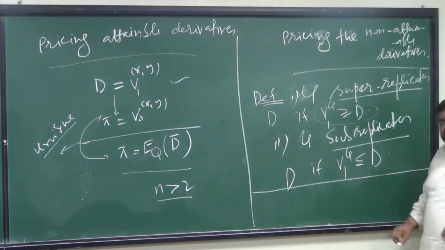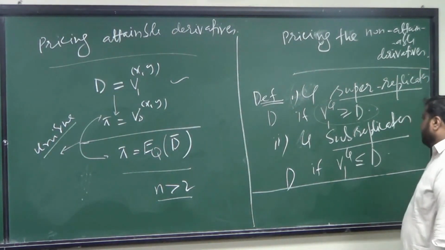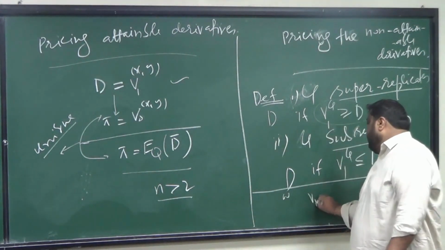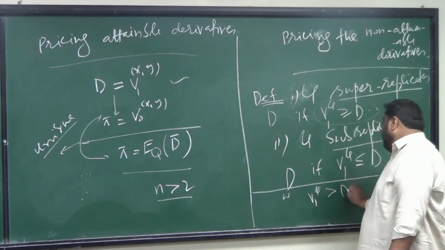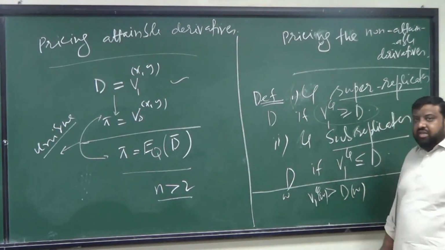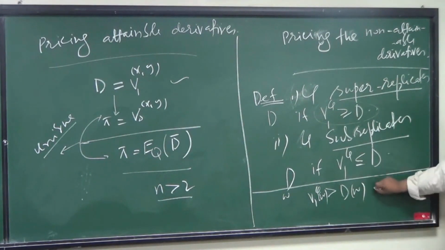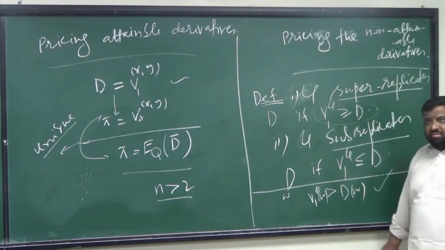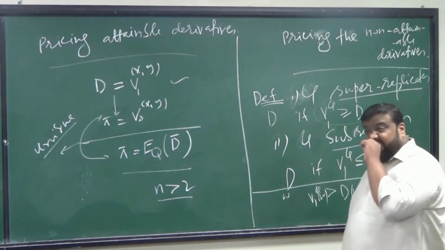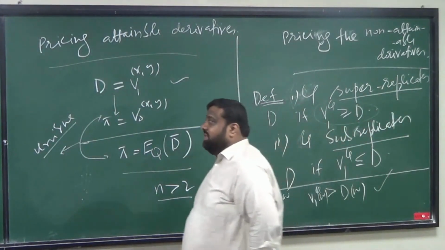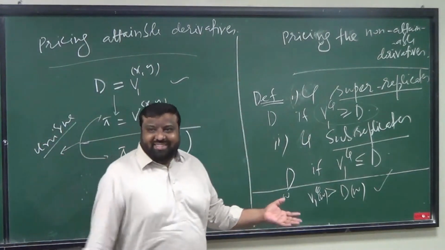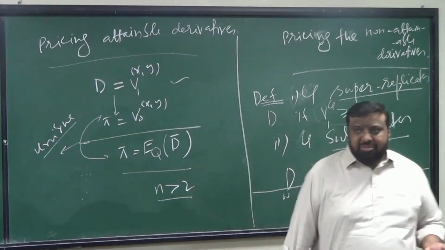We can even show that if for at least one omega V1 phi of omega is strictly bigger than D of omega, then I can create an extended arbitrage. If I can create an extended arbitrage opportunity, you shouldn't be able to do it. You need to stop it.